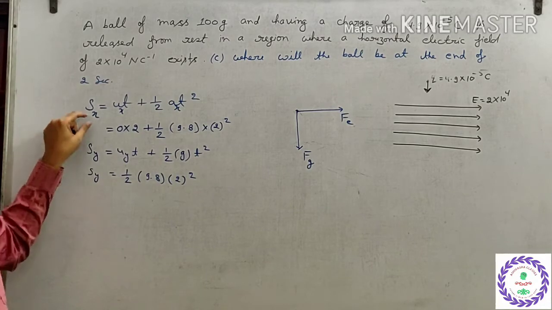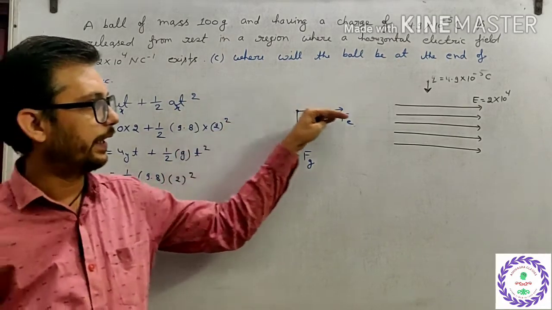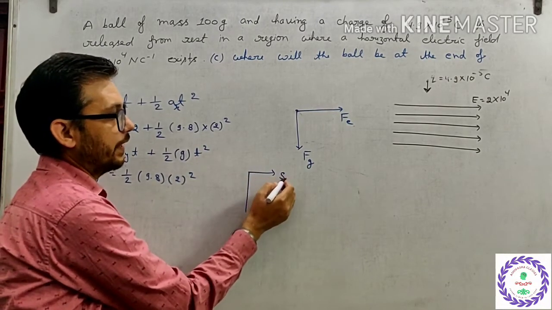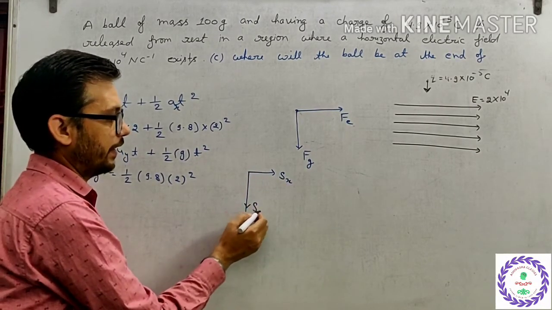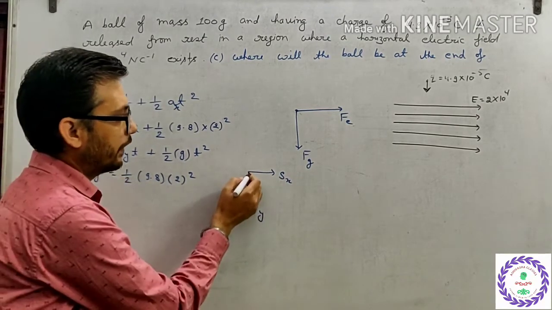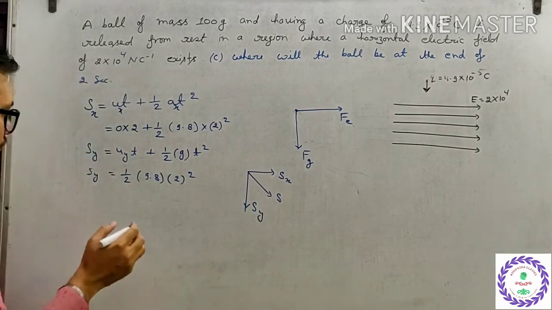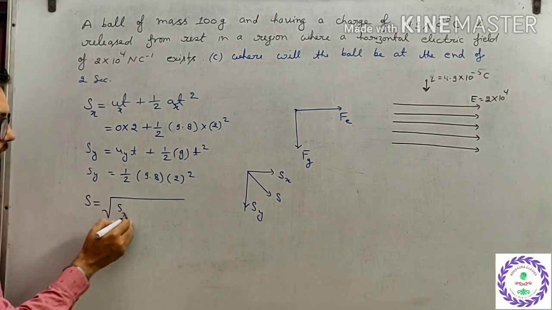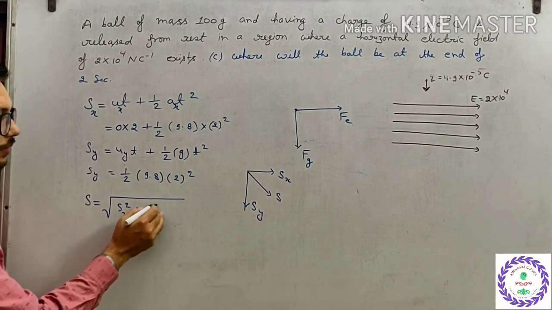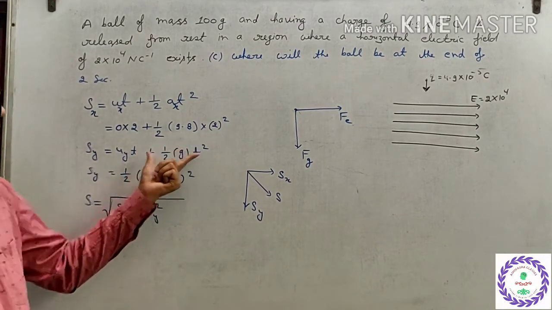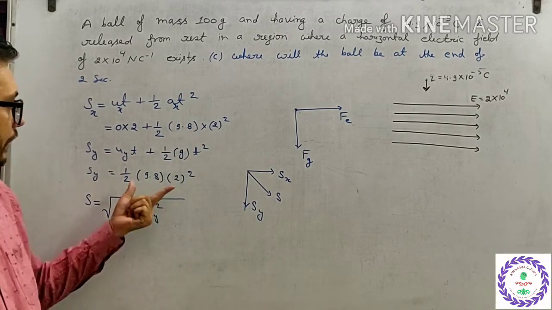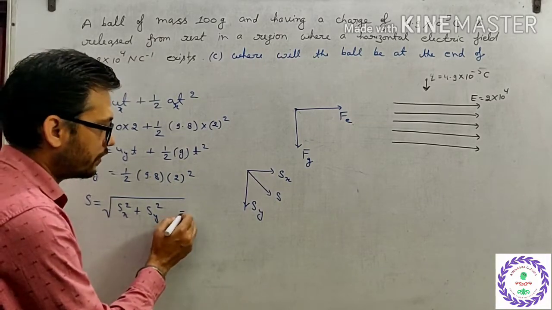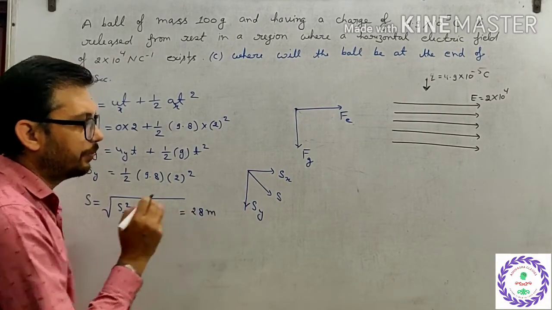Now we have the two displacements, Sx and Sy. Let the resultant displacement be S. So S can be calculated as under root Sx square plus Sy square, and we put the values of Sx and Sy here, solve, and then we get the answer as 28 meter.